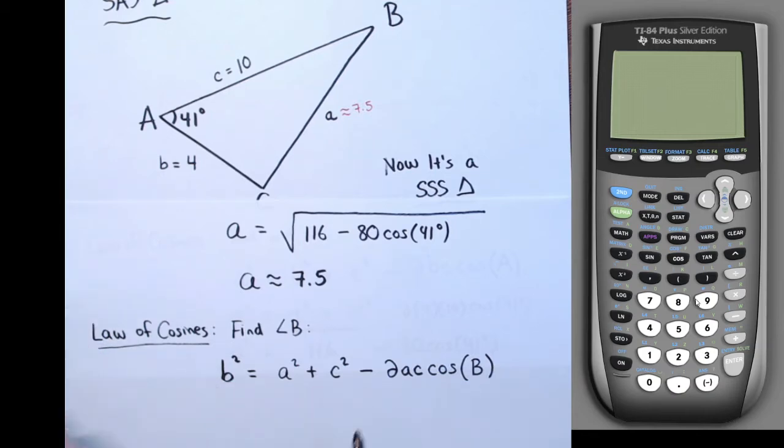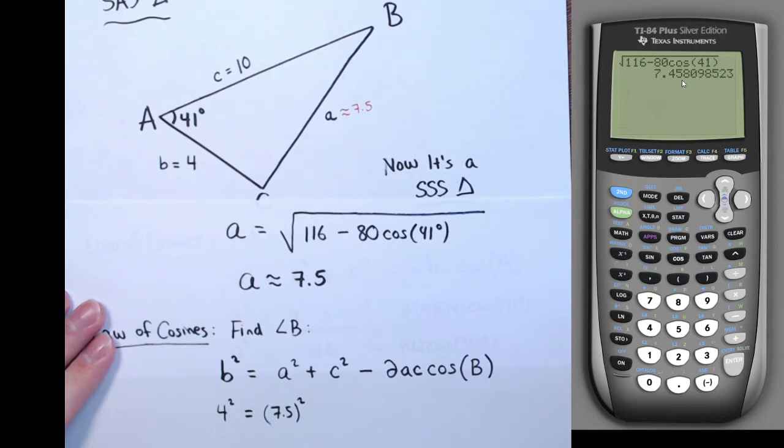And then I'll fill some stuff in. Little b squared, that's 4 squared. Little a we said was about 7.5. 7.5 squared. Now on my calculator, I'm just going to use this value here.